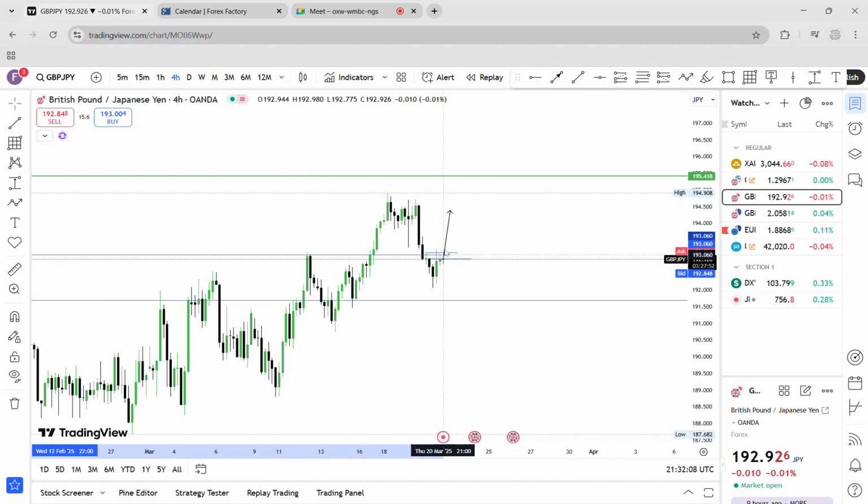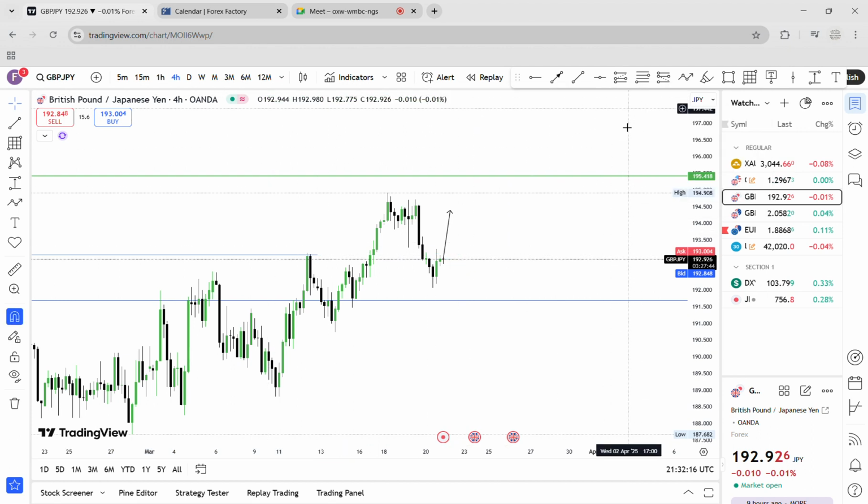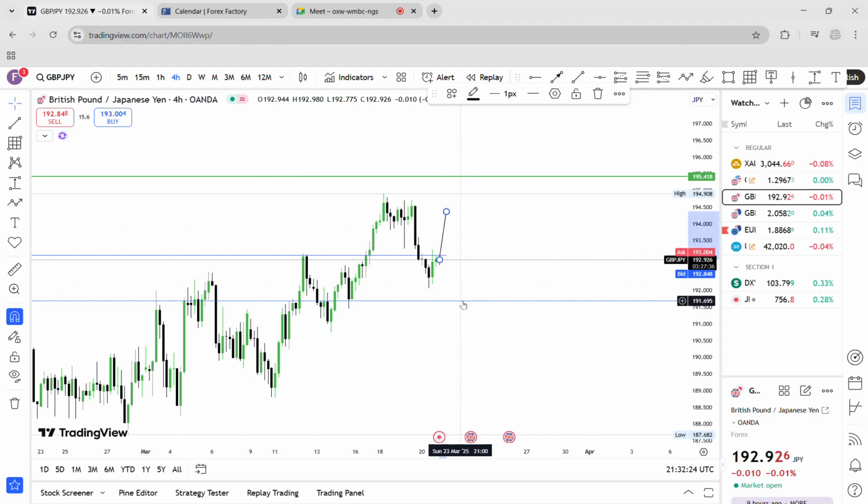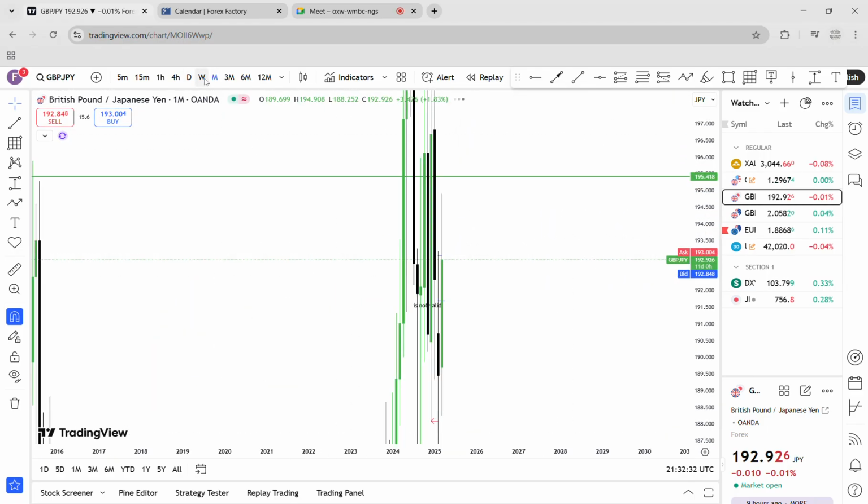You can see this line, price hasn't traded and closed above it yet. So that's why I told you guys that I want to see price tomorrow close higher. If we can close higher, which means we're going to close above this line, then this line is now valid.